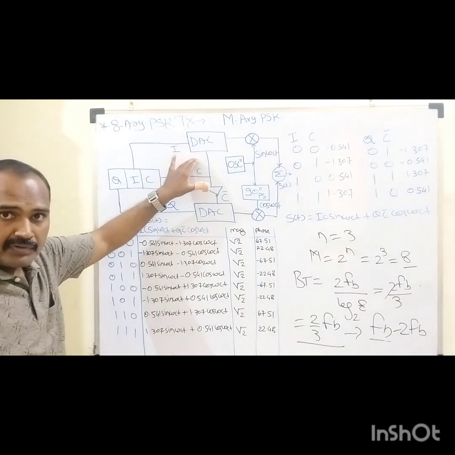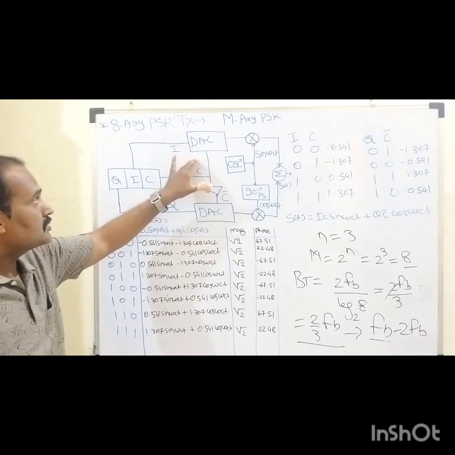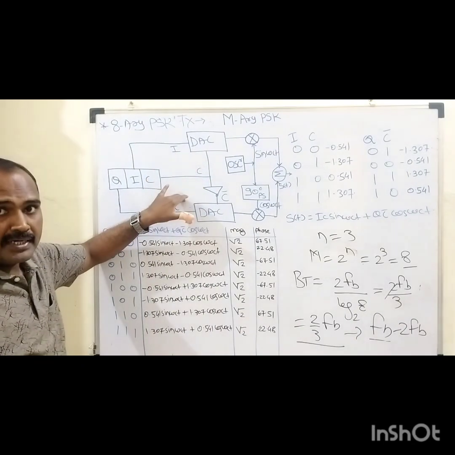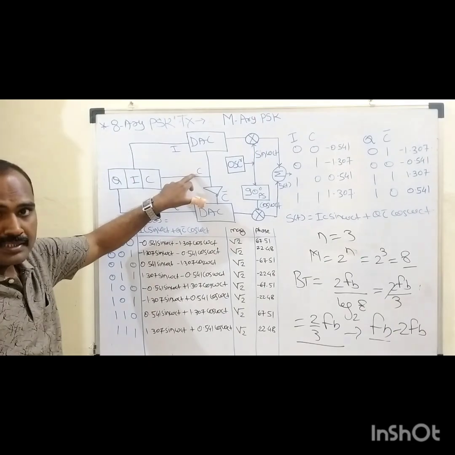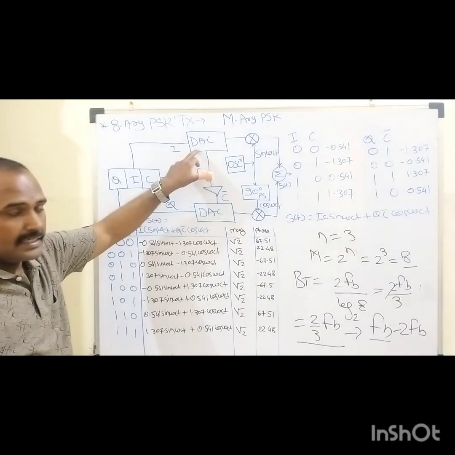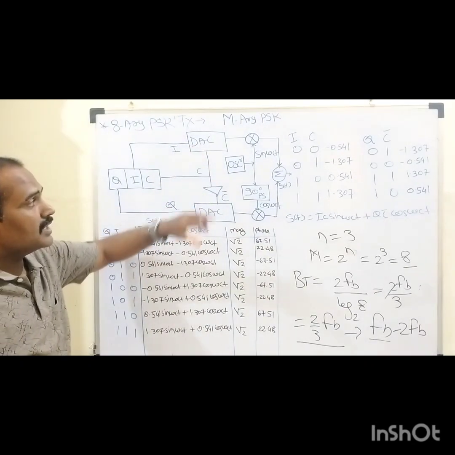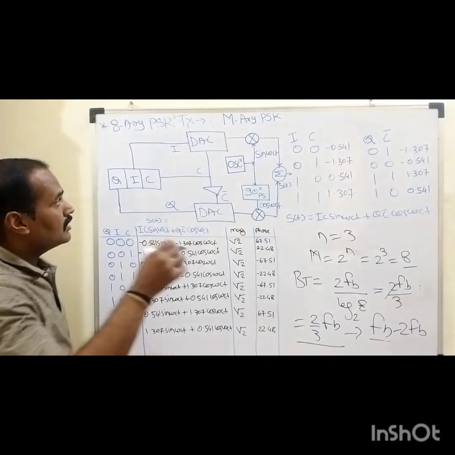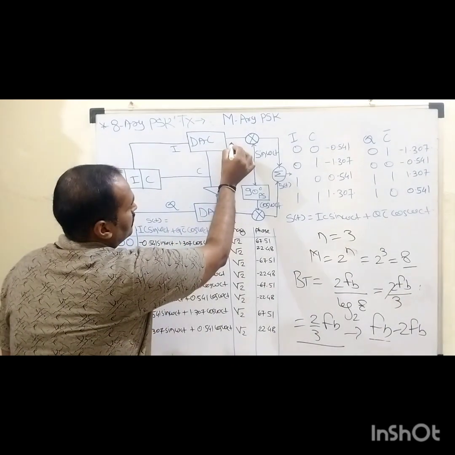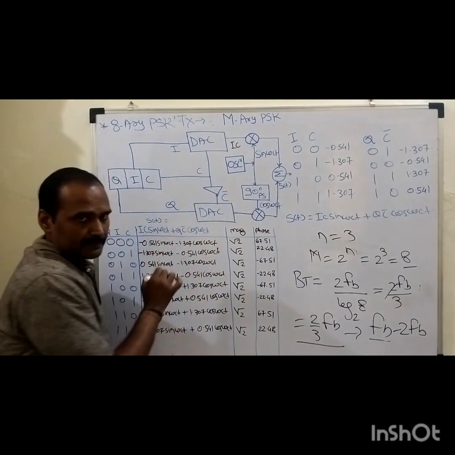So in the first step of this transmission or modulation process, these I and Q bits are multiplied with this C bit, right? And after that, it is given to the digital to analog converter. Basically, this digital to analog converter will generate 2 different symbol sequences. In the upper channel, the desired symbol sequence generated is I into C, right?